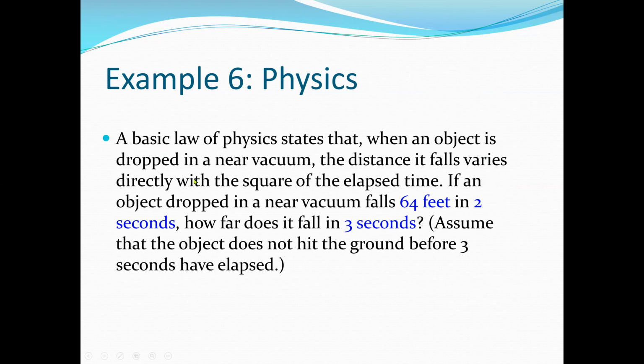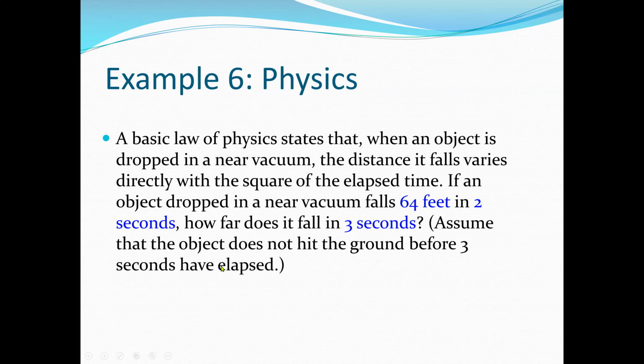So here we say the basic law of physics states that when an object is dropped in a near vacuum, the distance it falls varies directly with the square of the elapsed time. So if an object dropped in a near vacuum falls 64 feet in 2 seconds, now the question says, how far does it fall in 3 seconds?